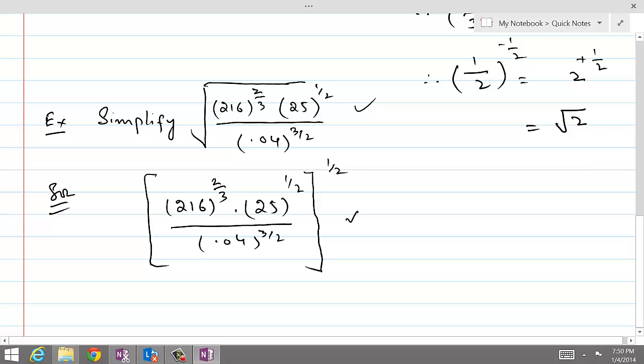And the rule is that whenever you see composite numbers like 216, 25, 0.04, always change the numbers to its prime factors, like convert the number to a product of its prime factors. Let's take a look at 216. How can we change this into a product of its prime factors?